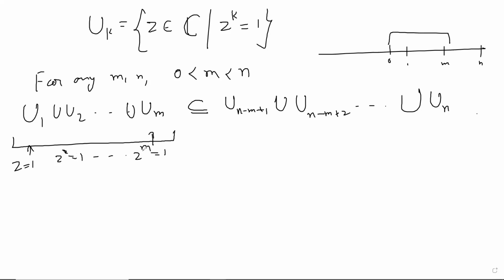So we have m polynomials like this, one after the other, and you collect all their roots. Now they're saying that if you take any other m consecutive numbers and take their roots of unity, then the roots of the first m will be a subset. Of course, it will not be equal because these have many more roots, the bigger numbers.